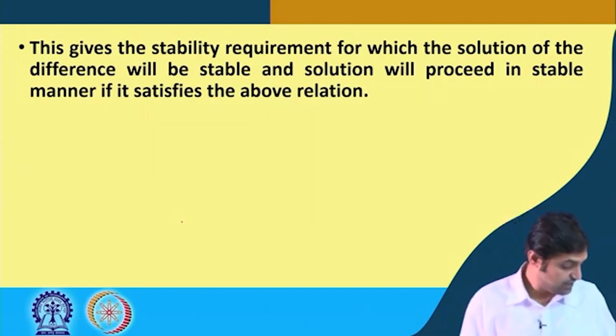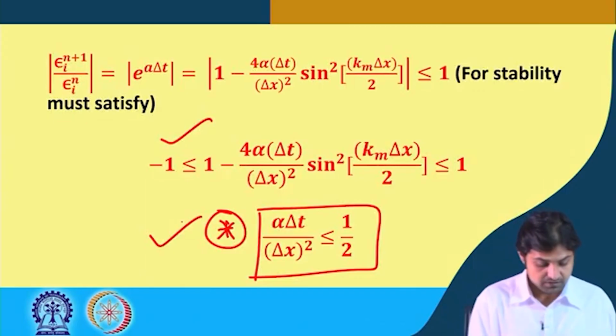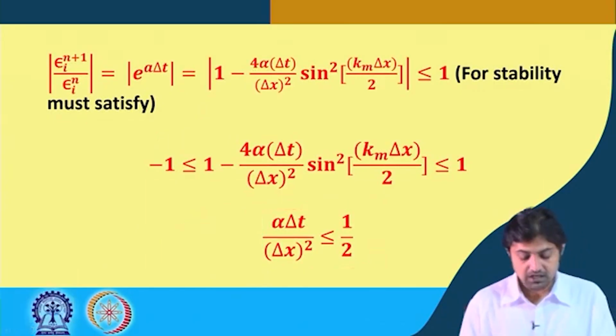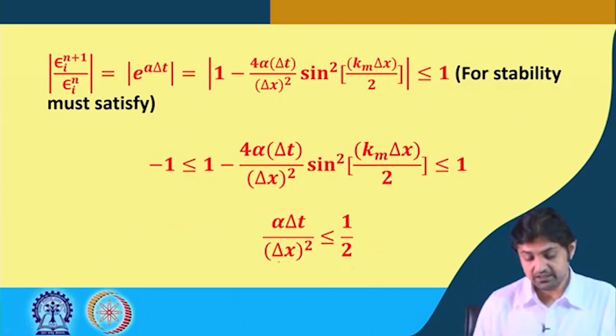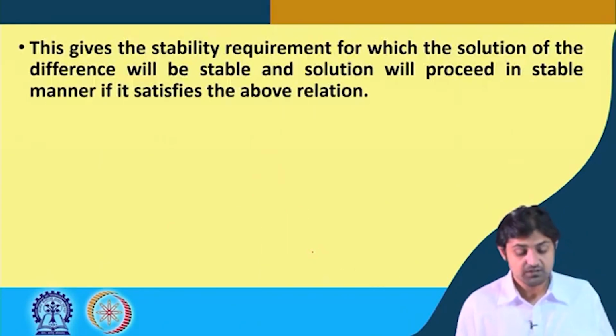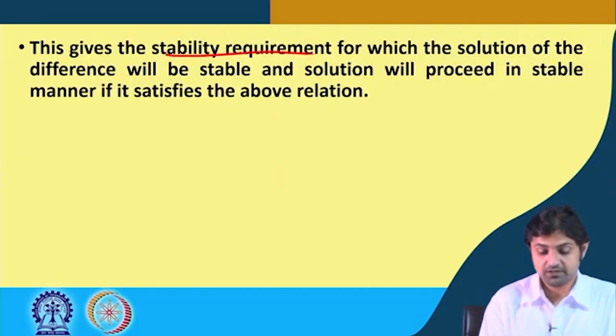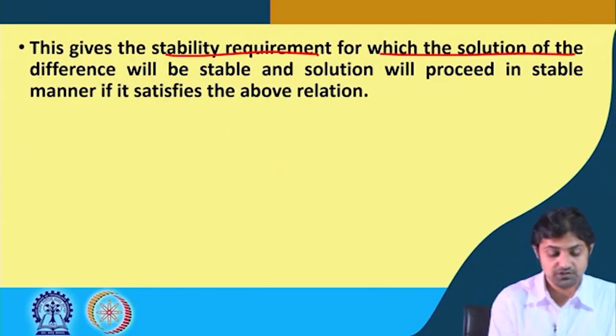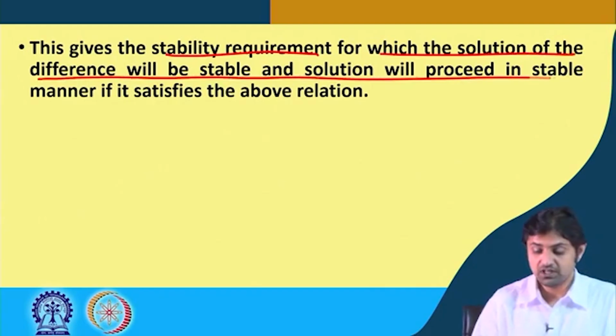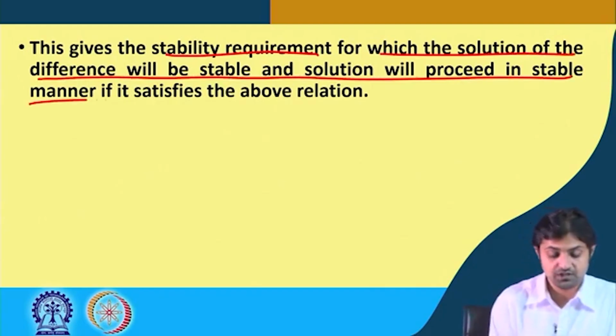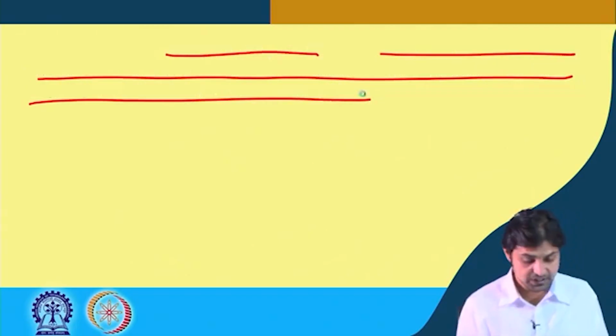So the final solution here, alpha delta t by delta x square less than or equal to half, gives the stability requirement for which the solution of the difference equation will be stable and will proceed in a stable manner if it satisfies the above relation. So which relation?